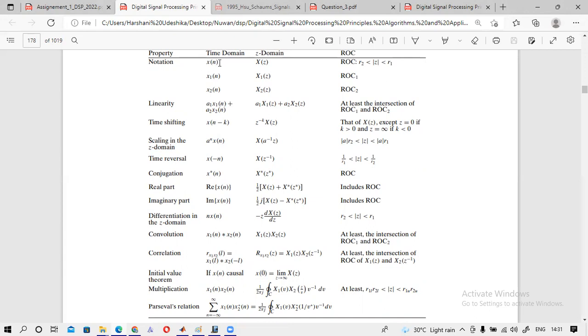If you have a sequence and the Z transform of the sequence, and the sequence is multiplied by a^n, it will be a scaling in the Z domain. So instead of Z, we have to substitute a^-1 Z. That is the answer you should have.